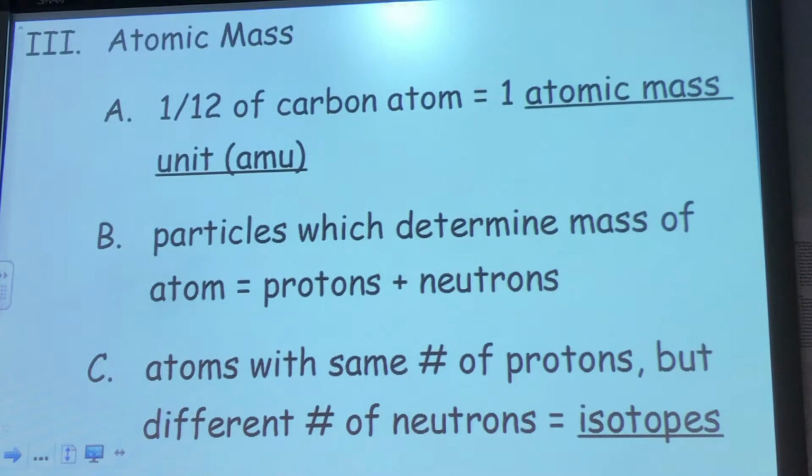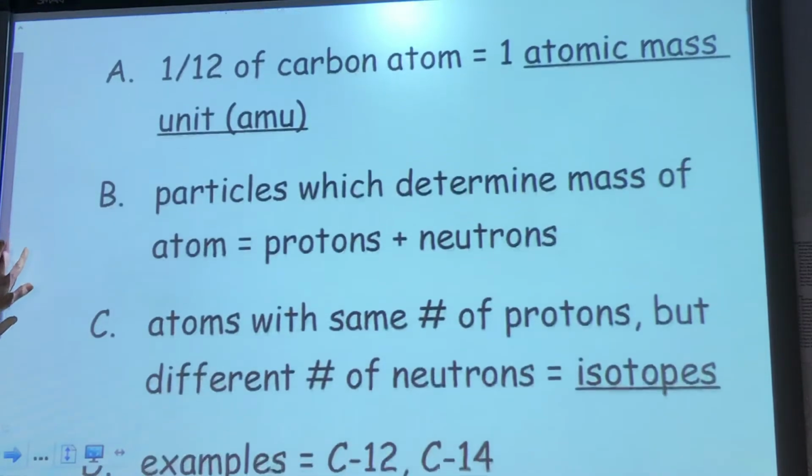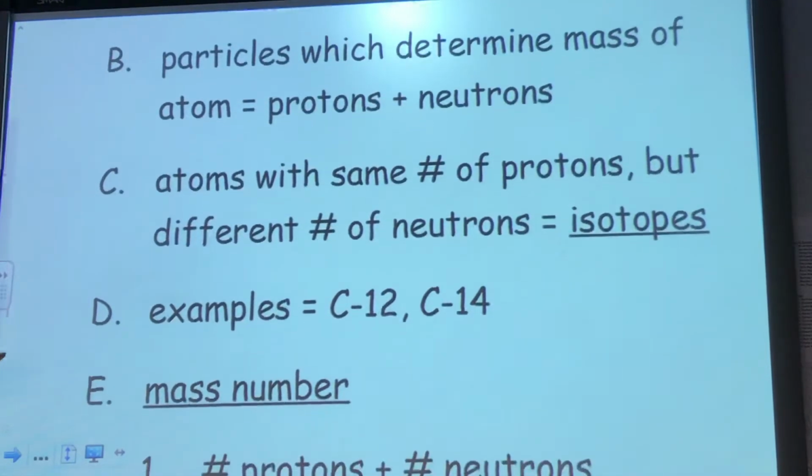All right, let's talk a little bit. You guys are supposed to know by now the masses of the various subatomic particles. Which subatomic particles have mass? We have protons, neutrons, electrons. Which ones have mass?